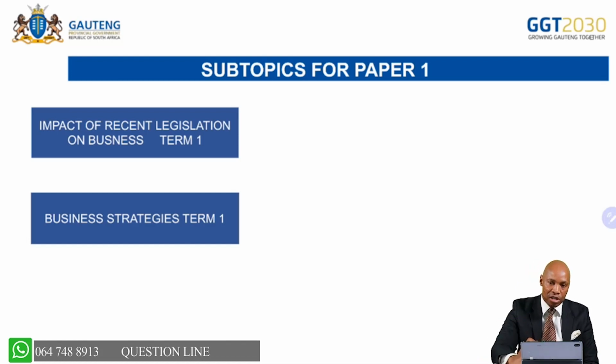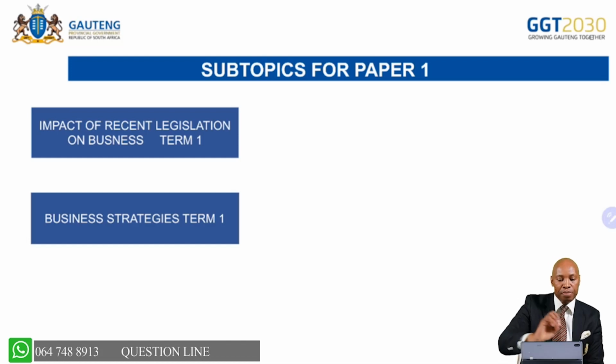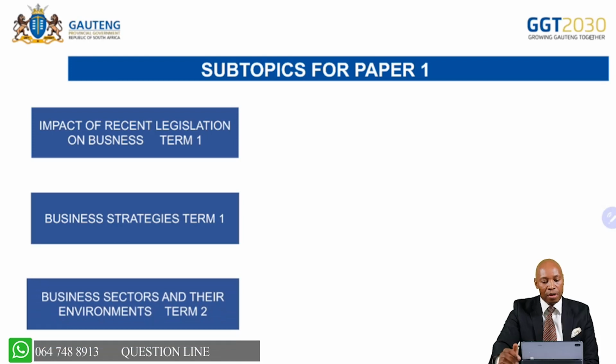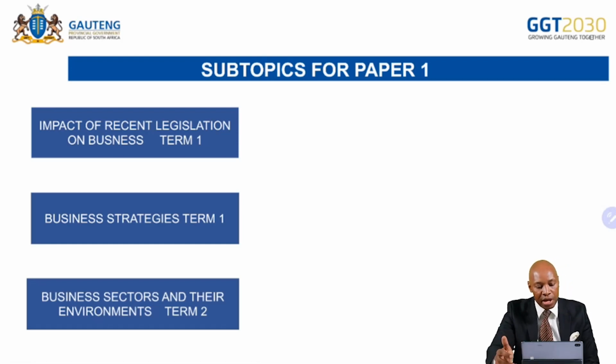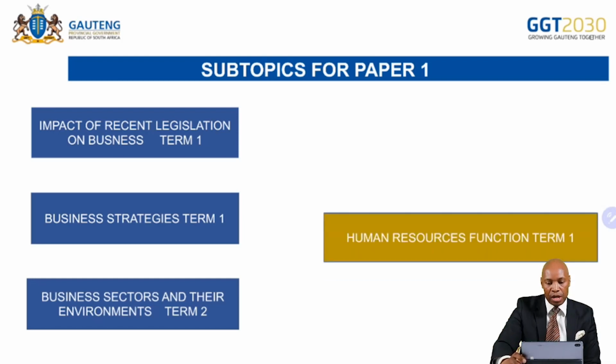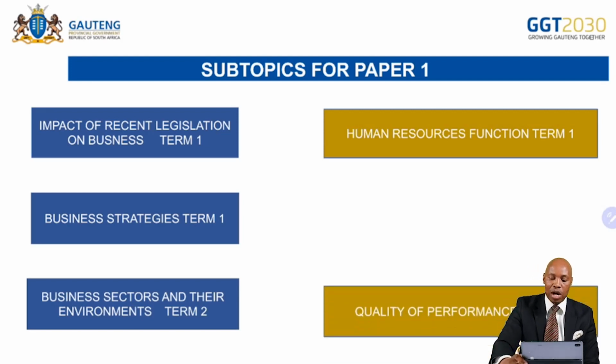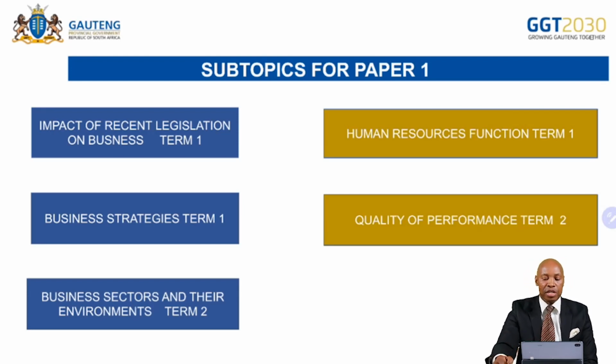Our focus for this revision today is on business strategies. Then you also have your business sectors and their environment. Towards the end of the lesson, we will touch on business sectors and their environments, which were done in term 2. Now let's get to our main topic, business operations, which is divided into human resource function, which was done in term 1, and then quality of performance, which was done in term 2.